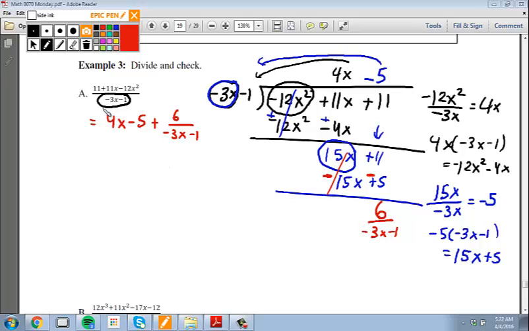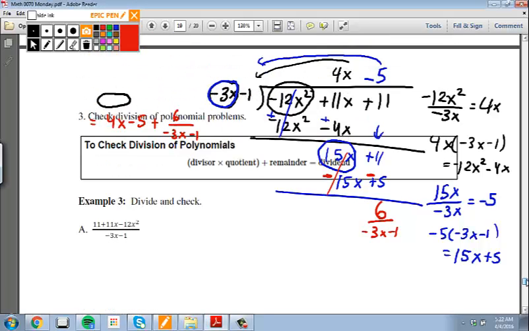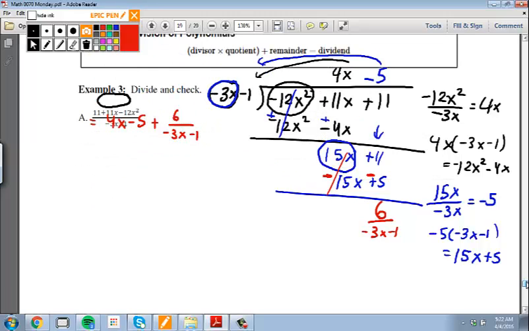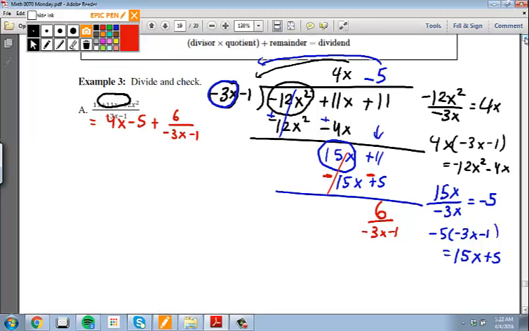Now, if you look at the rules here, and you know what, I'm going to scroll back up. This is going to look a little bit awkward, but I want to scroll up. You're going to take the divisor times the quotient plus the remainder, and then that should equal the dividend. Divisor times the quotient plus the remainder equals the dividend.